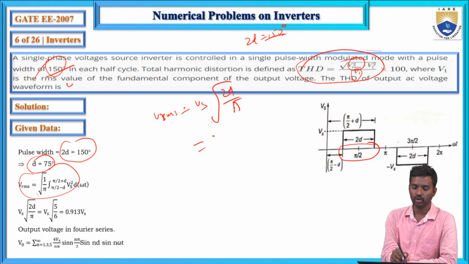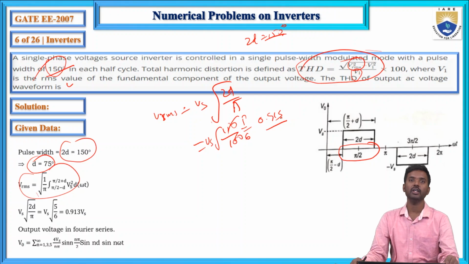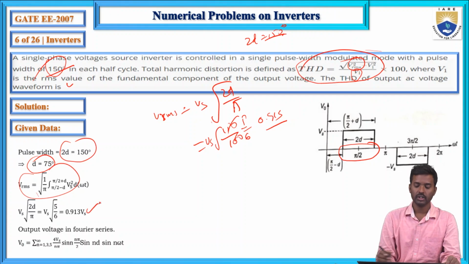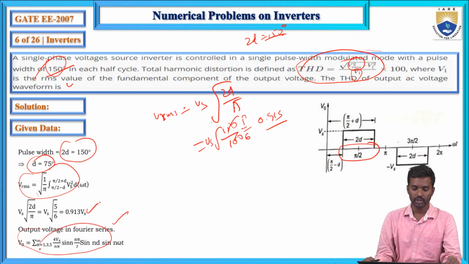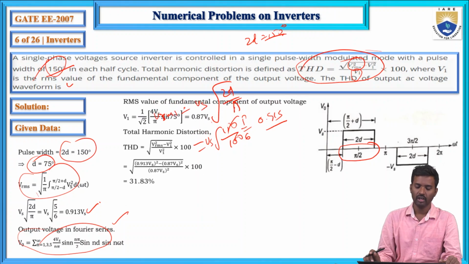That equals Vs into square root of 150 by 180, that equals 0.9135 by 6. So that is 0.913 into the supply voltage. Now here this is the Fourier series equation. From this Fourier series equation, you can calculate the fundamental output voltage RMS value.